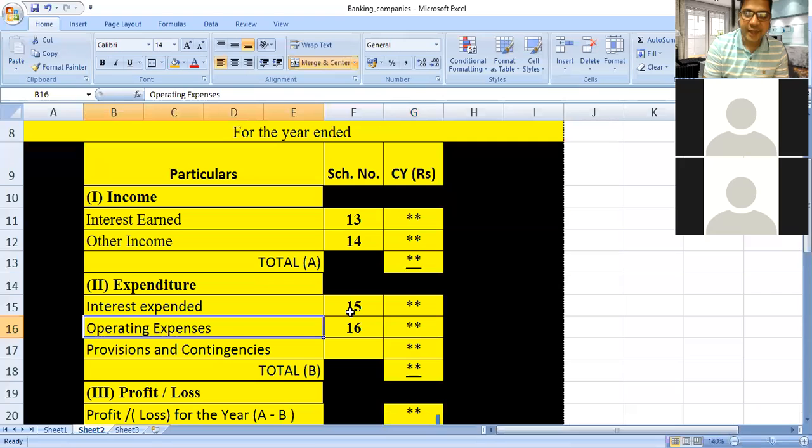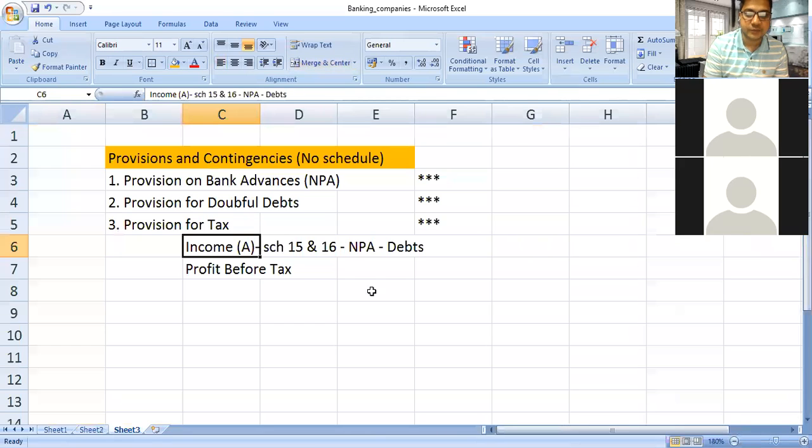Then we have to deduct whatever items are there under provisions and contingency. Sometimes it may be provision on bank advances and provision for doubtful debts. If it is there, that also we have to deduct. The rest of the value, we can say, is profit before tax.